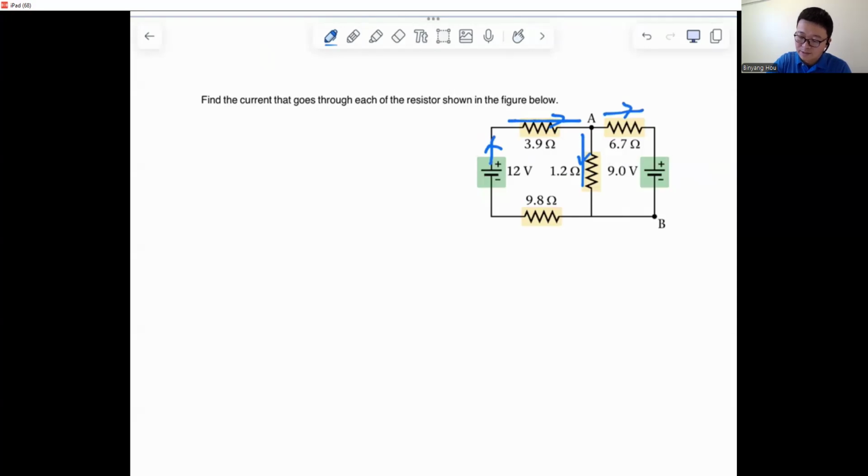So at junction A, let's call this I of one, and then it splits into two. Let's call this one I of two, and this guy I of three. So then my I of one should be equal to I of two plus I of three.